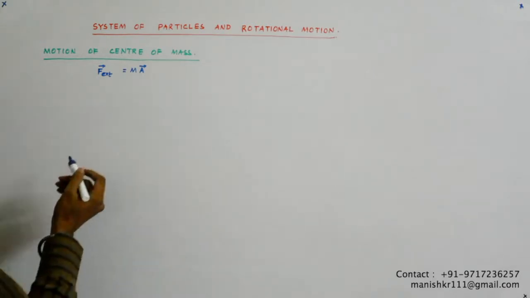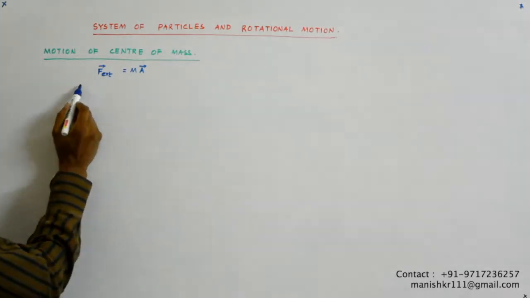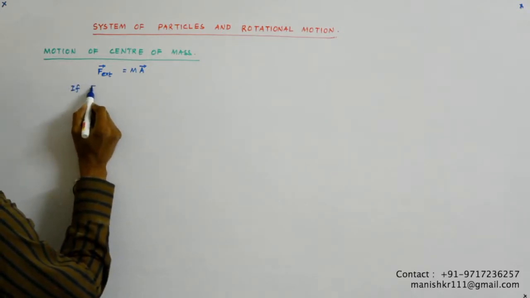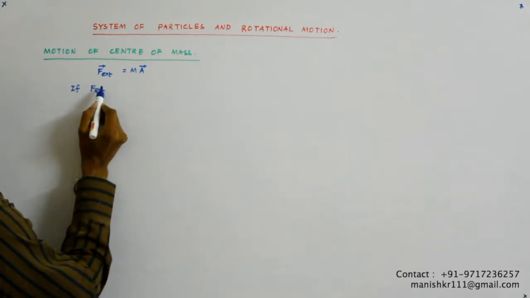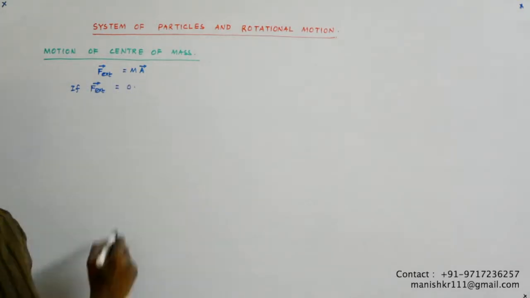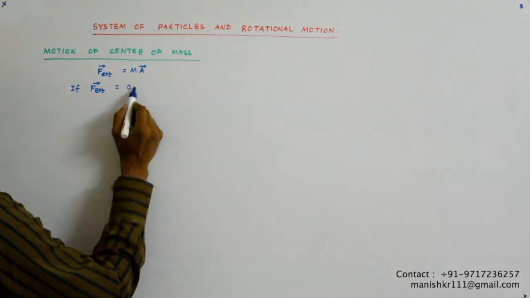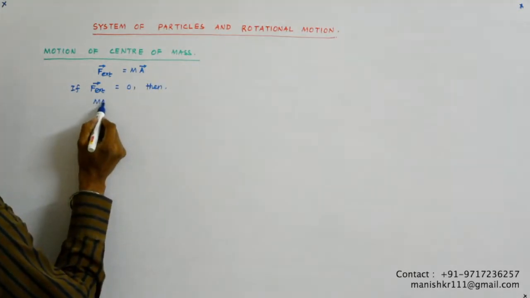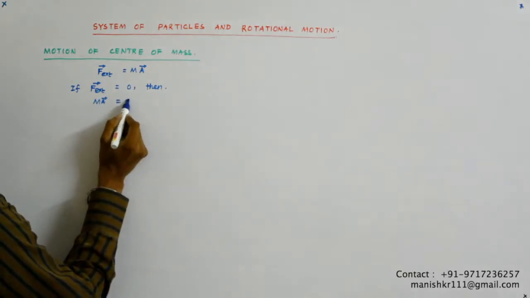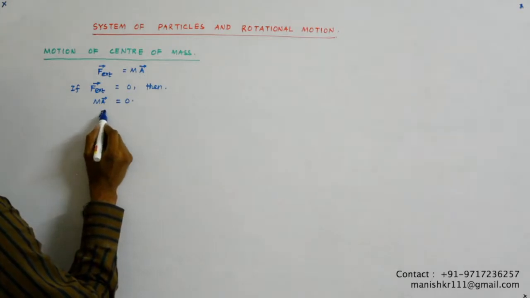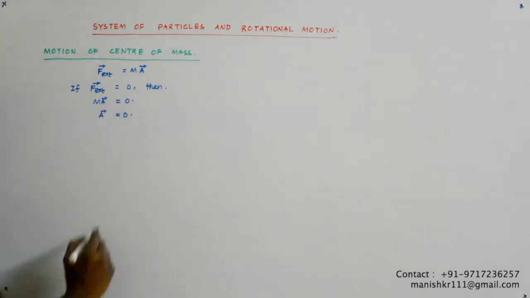So what happens if F external is 0? If F external is 0, then M into A is 0. Now that means that A is 0.